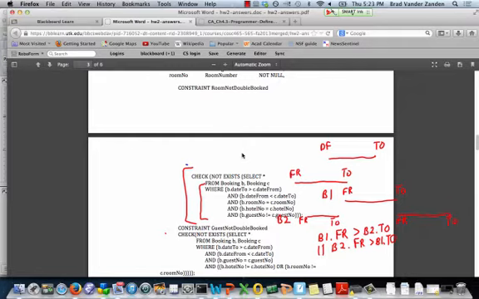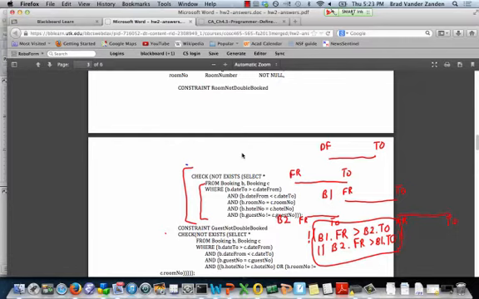Okay? But we were interested in retrieving rooms that were double booked. So basically we want the not of that, because this condition gives us rooms that are not double booked.